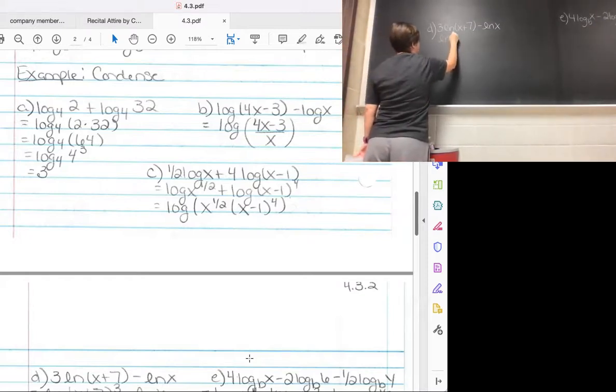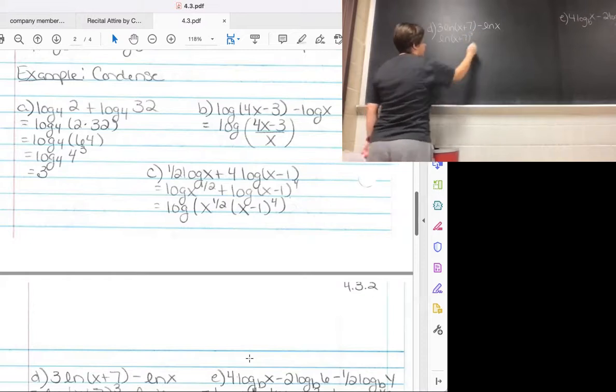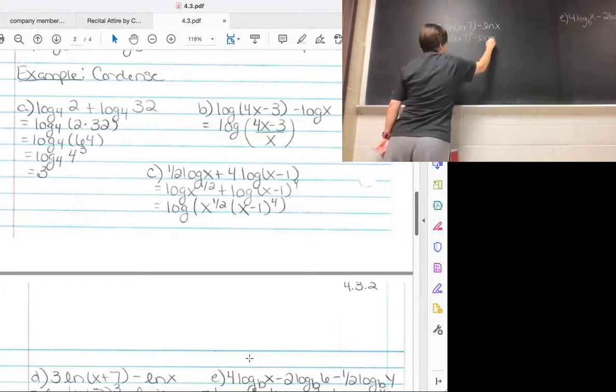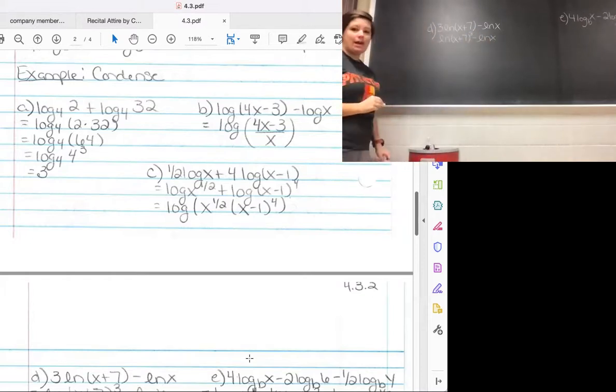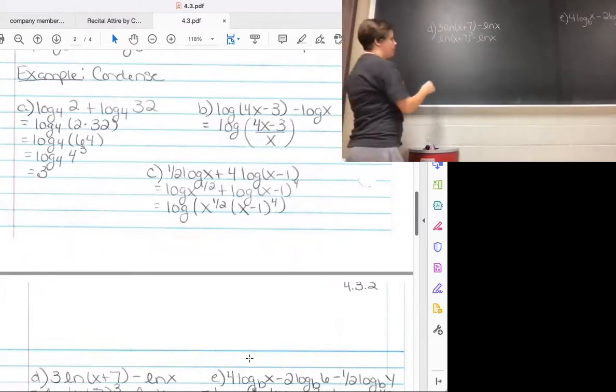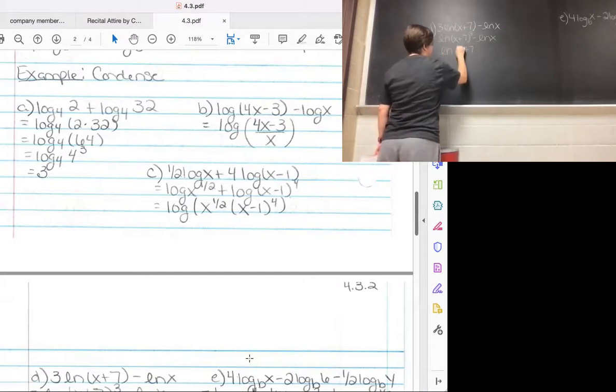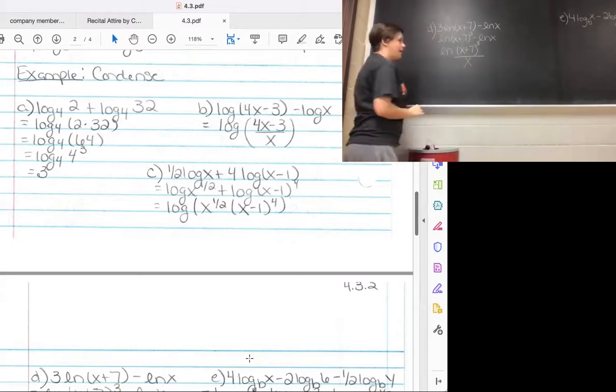So I'm going to do ln of x plus 7 to the 3rd power minus ln of x. Now I have an ln minus an ln, so I'm going to use my quotient rule in order to combine them further. So I have ln of x plus 7 to the 3rd power all over x.